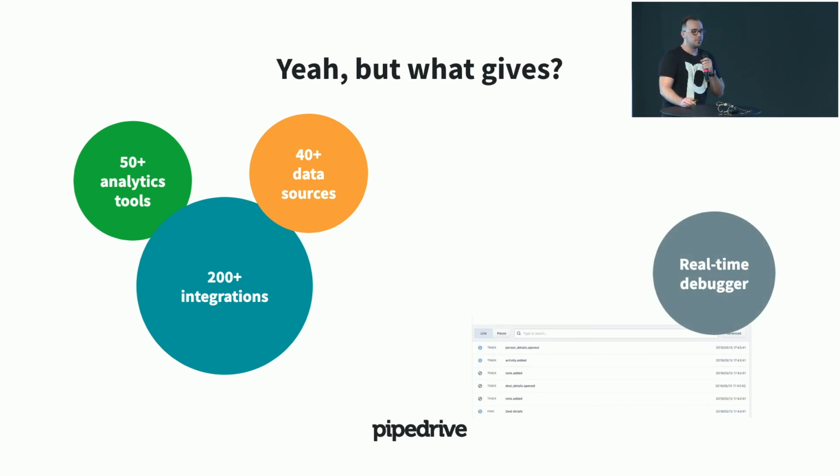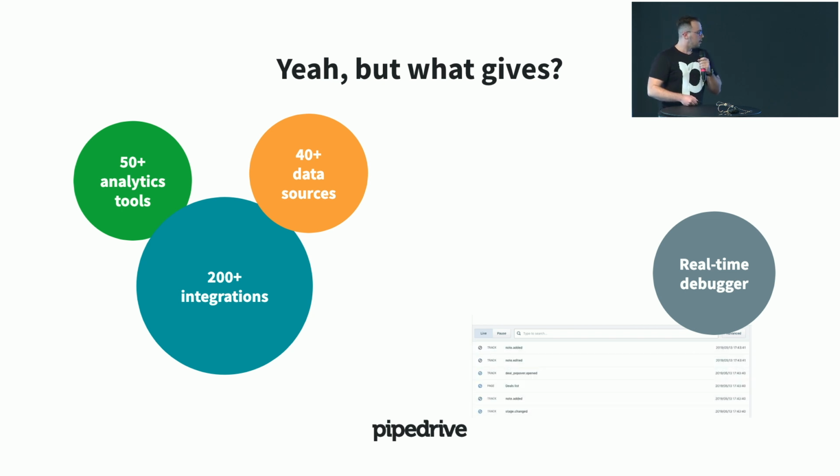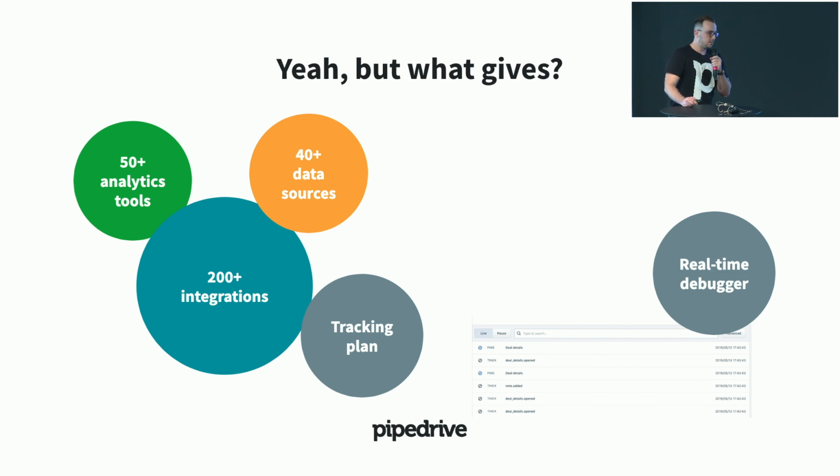It has a real-time debugger, which means that you can see your raw payloads all the time. If you're unsure whether this event consists of these event properties, you can check it, track it down, and send it to your developer, hey, this is not working. It also has a tracking plan, which means you track down the events and set up the conditions.